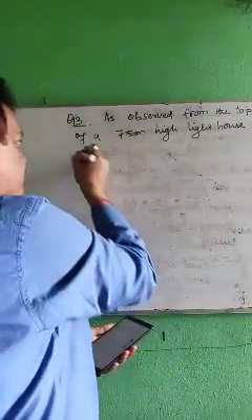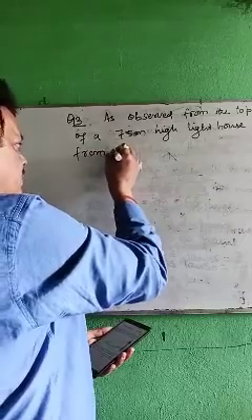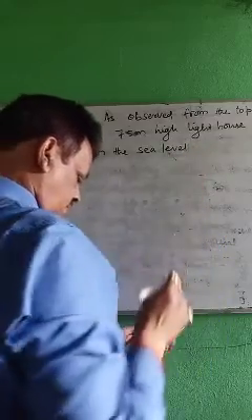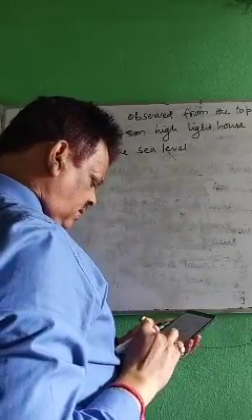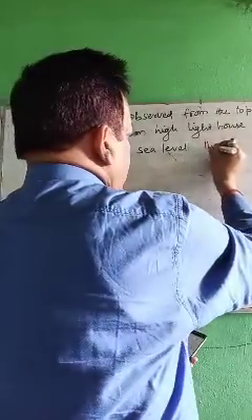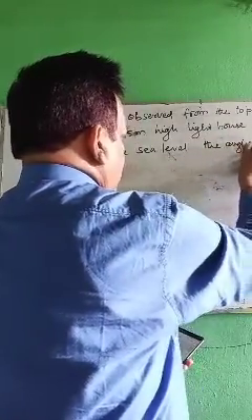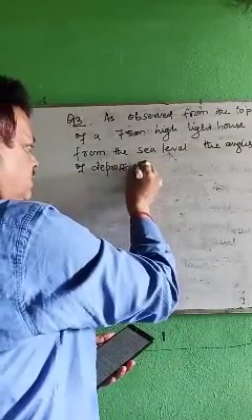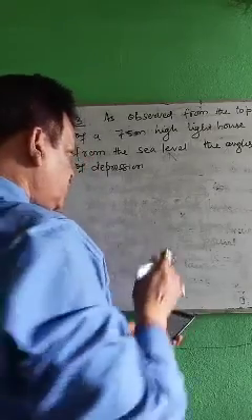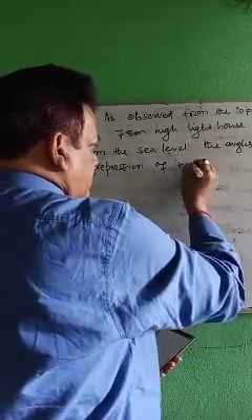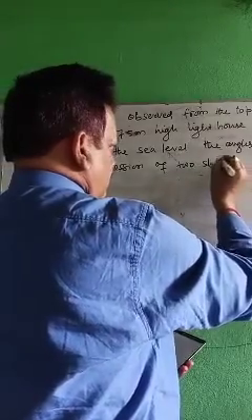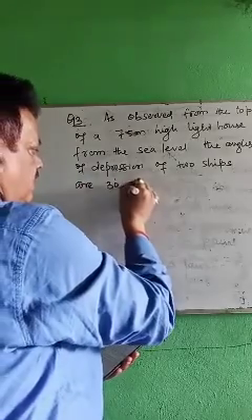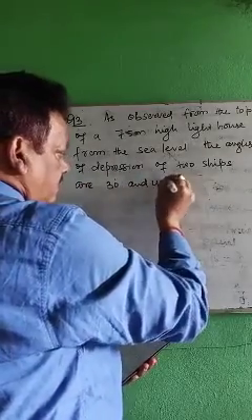From the sea level, the angles of depression of two ships are 30 degree and 45 degree.